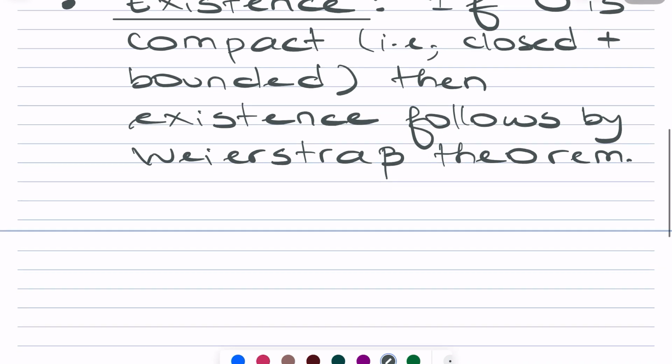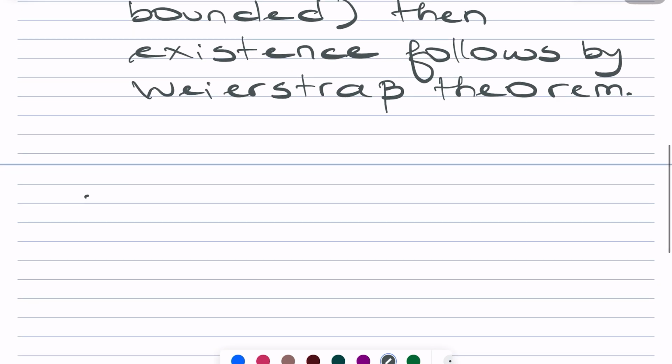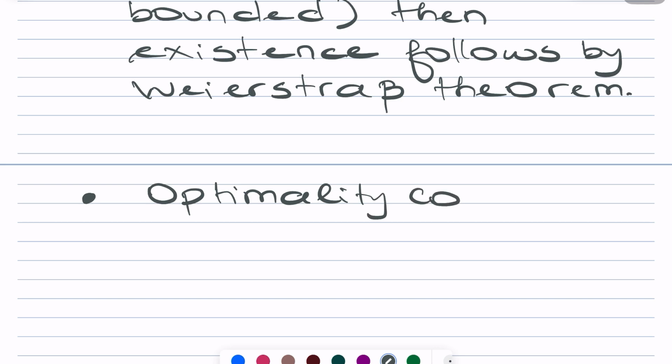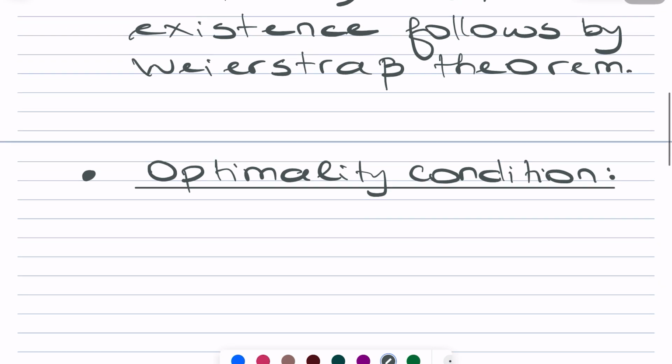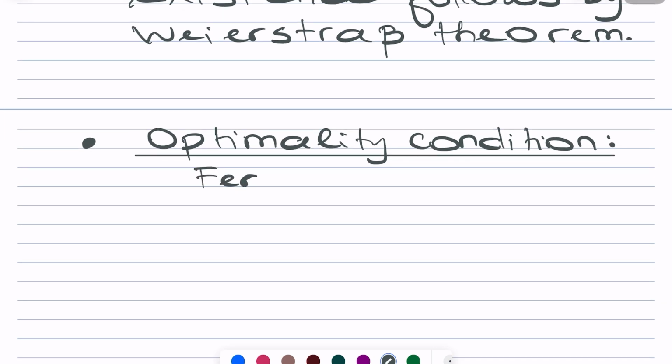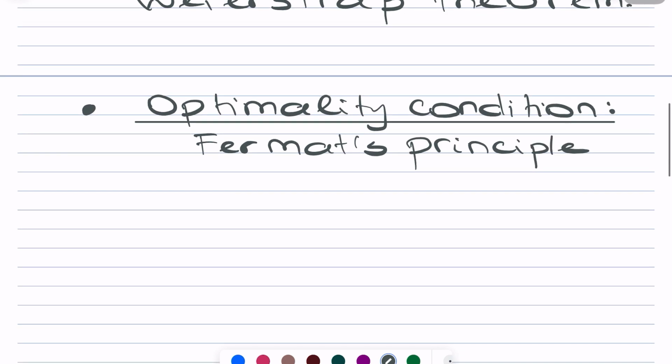And also the optimality condition. The optimality condition in this case will be what you know already, under the name of Fermat principle. If you have a minimizer of a functional, then the derivative, or the gradient, depending on the dimension, of the function at that point should vanish.